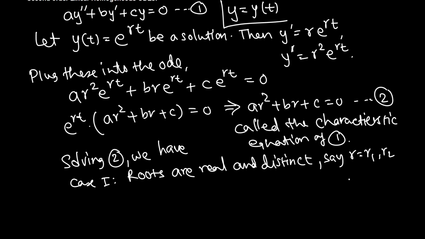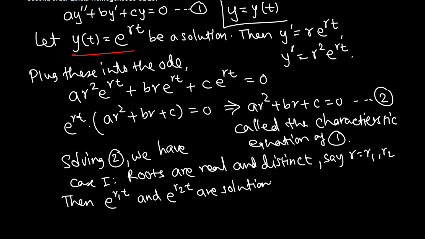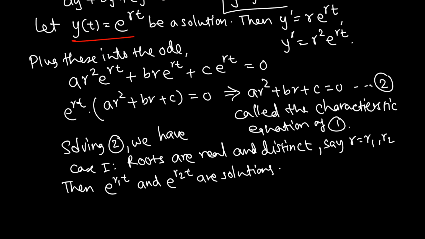In that case, our solutions are given here. e^(rt) was a solution, so r equals r1 gives one solution, e^(r1 t), and another root r2 gives another solution, e^(r2 t). That means these two are solutions of ODE 1.